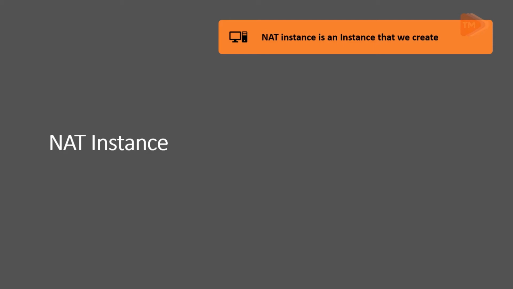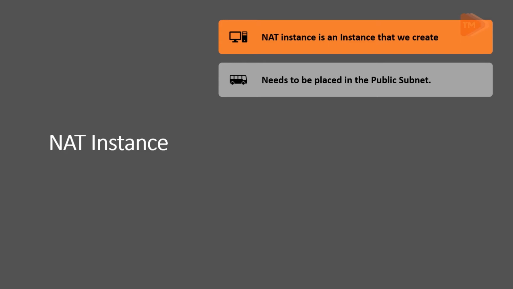NAT instances allow you to do the NATing the way it is done within your router. So if you need to connect to the internet and you don't want the instance to have a direct internet connection, then instead of connecting it to the internet gateway, you can allow it to have internet access through the NAT instance instead. So that is what the NAT instances would do.